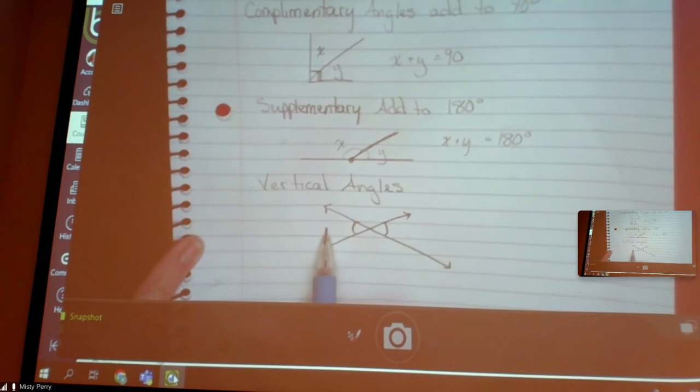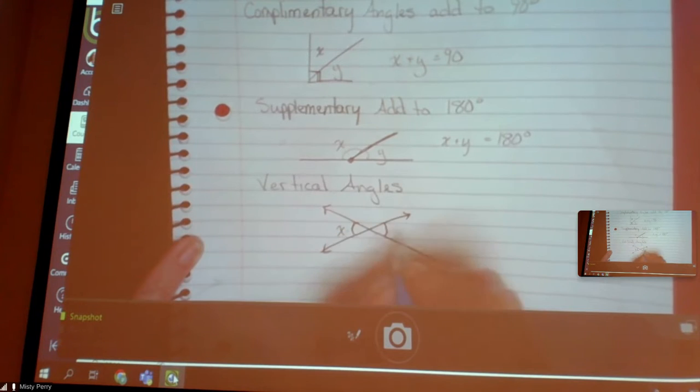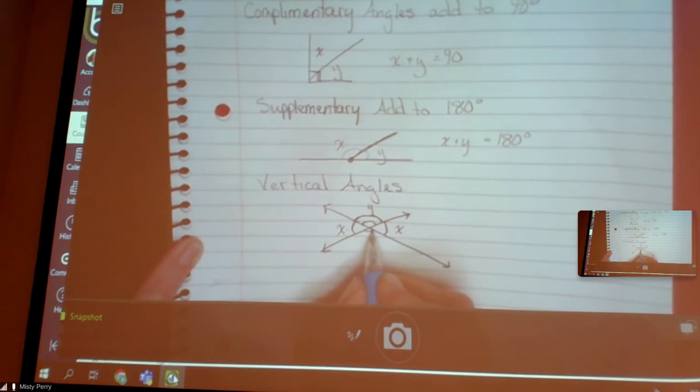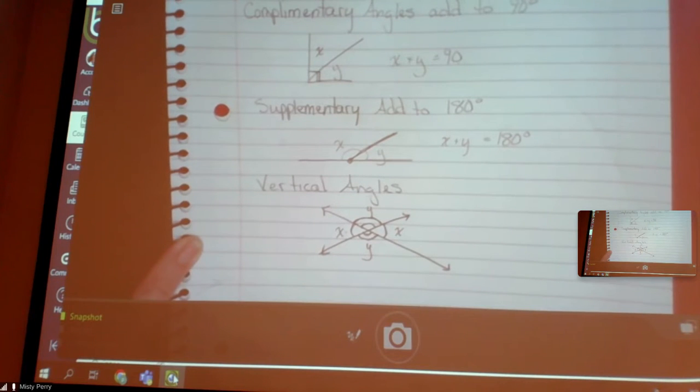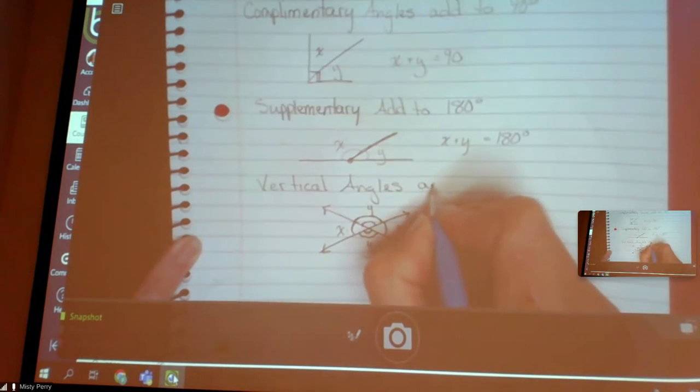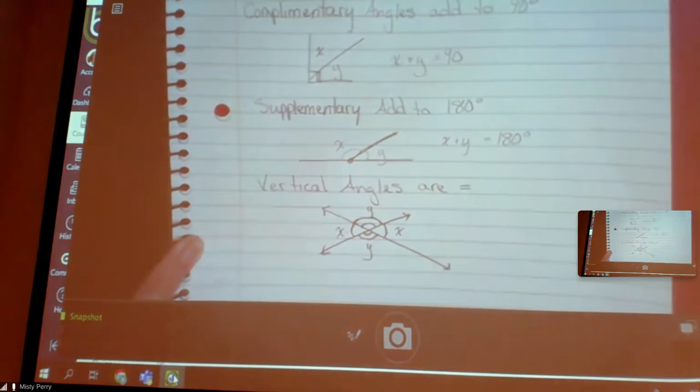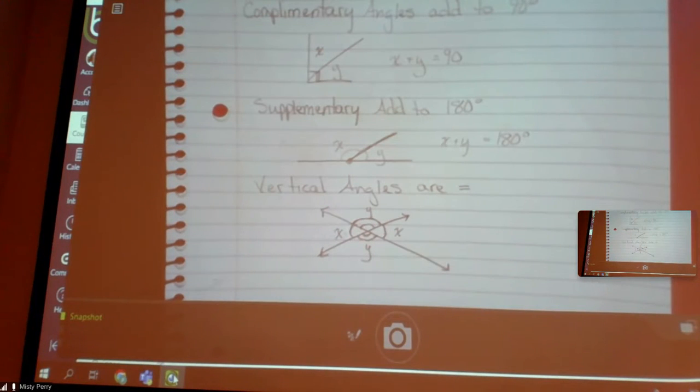They're opposite each other. They kind of make an X shape, a V on each side. These are vertical angles and they will be equal. These two right here are also vertical angles. They are equal. So supplementary, they're going to share a side. Vertical, they do not have sides in common. They are opposite. Okay?